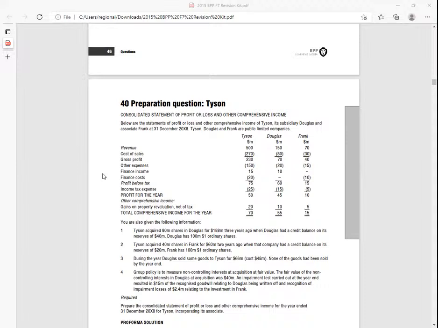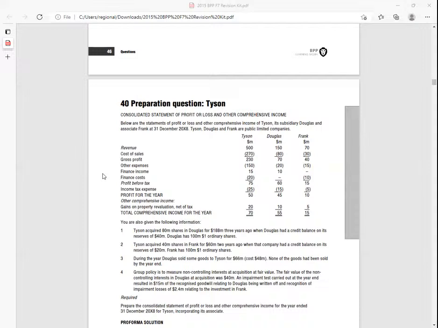From there, we have profit before tax. From there, we have the income tax expense. From there, we have a profit for the year.